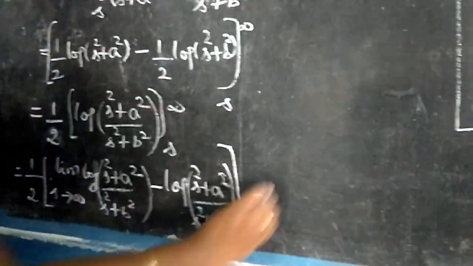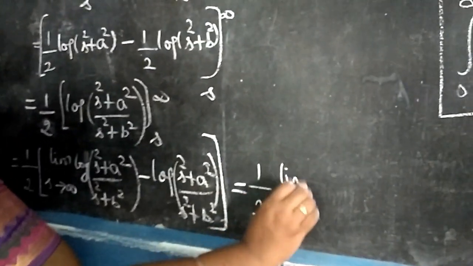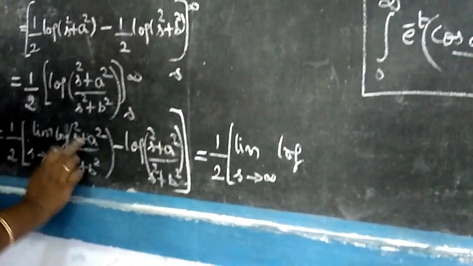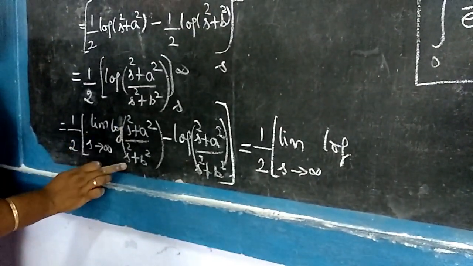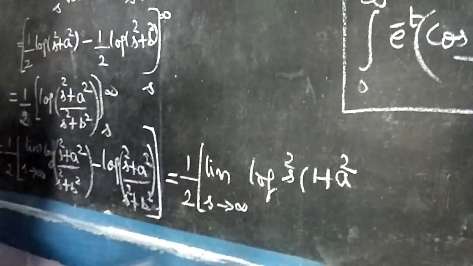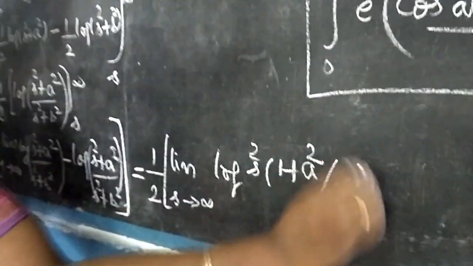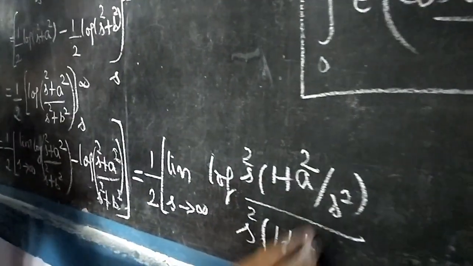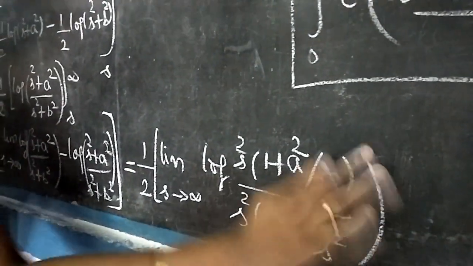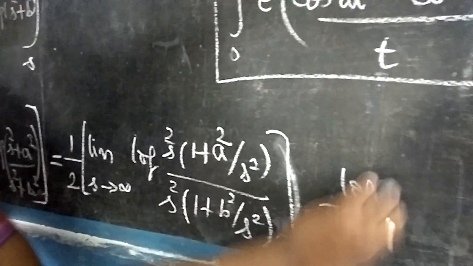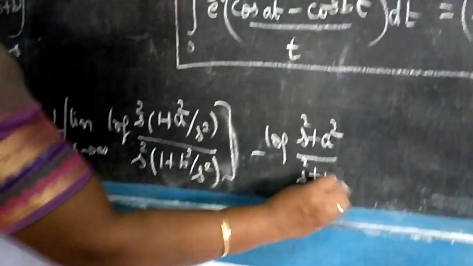Which is equal to 1 by 2 limit s tends to infinity log, taking s square common outside from the numerator as well as from the denominator. It is 1 plus a square by s square divided by s square into 1 plus b square by s square, minus log of s square plus a square divided by s square plus b square.